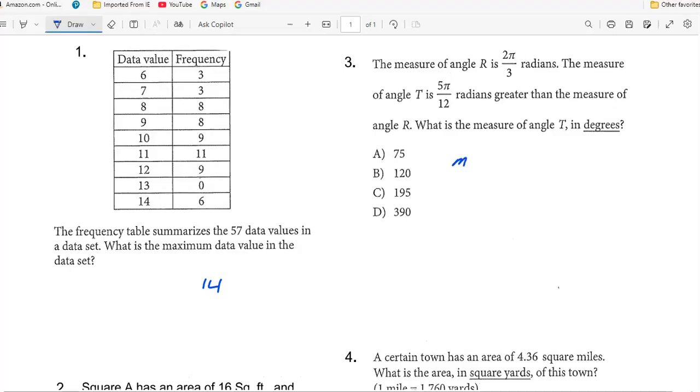The measure of angle T equals the measure of angle R plus 5 pi over 12, so 2 pi over 3 plus 5 pi over 12.